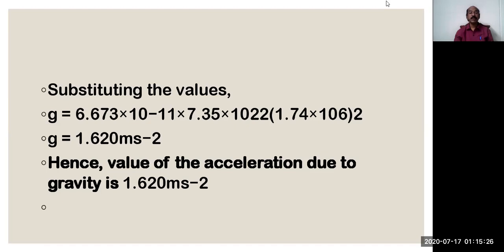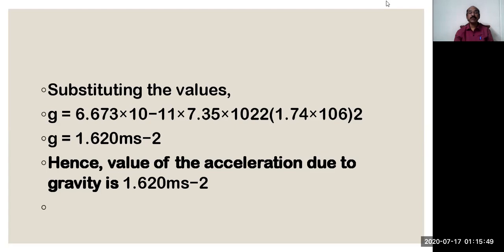s equals ut plus half at square becomes s equals half gt square, since u equals 0. Similarly, v equals u plus at becomes v equals gt, by substituting u equals 0 and a equals plus g.